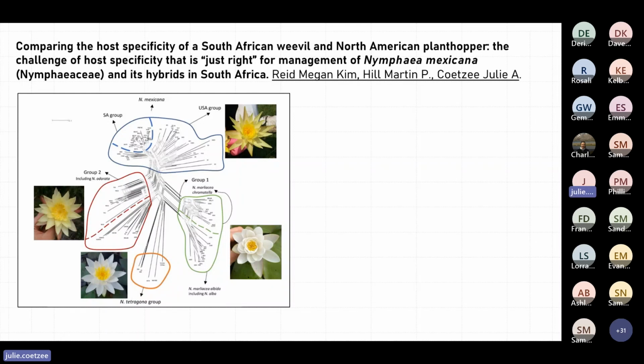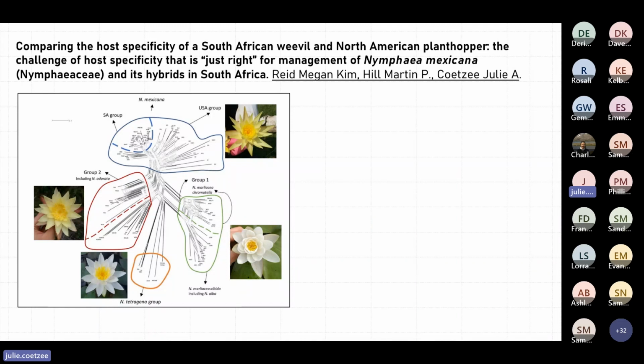We are dealing with challenging control agents. We have got cryptic species that we are considering as control agents. And so one of the topics that Megan Reed looked at was host specificity of a South African weevil and a North American hopper for the management of Nymphaea mexicana.